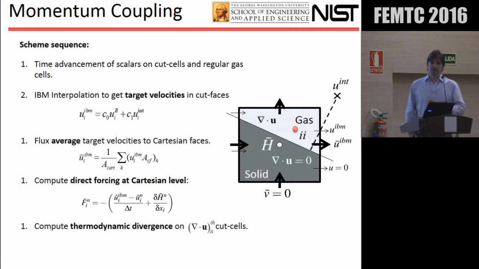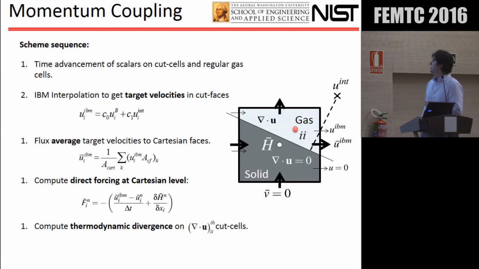Now, part of the motion of those species is given by velocity and convection. And for that, we need to solve the momentum equations. The way we do it is in a sequence that also involves the reconstruction of the velocity field next to our boundary. This is using what's called direct forcing immersed boundary method.